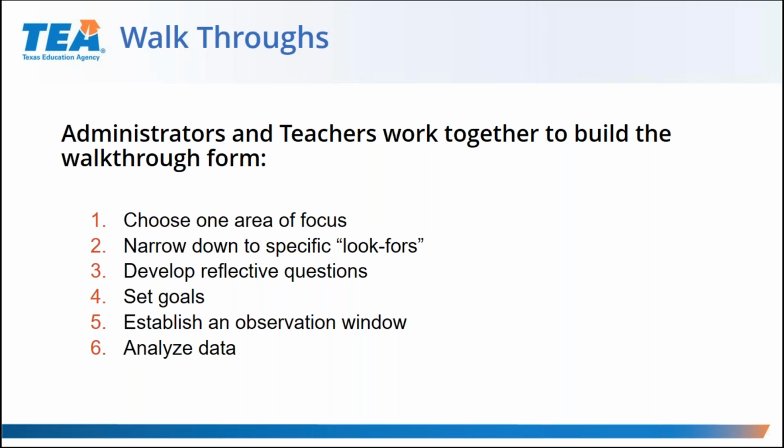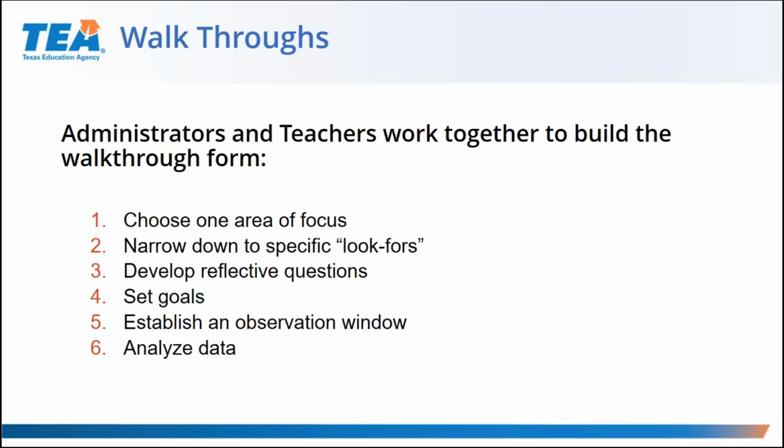You would then decide, what are the specific look-fors that we hope to see in both pre-K and kindergarten classrooms that are going to help support classroom community. Next, you'll want to develop some reflective questions. So that way the observer can use this opportunity as a professional development opportunity.